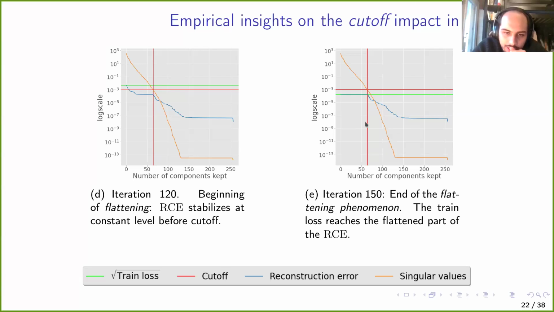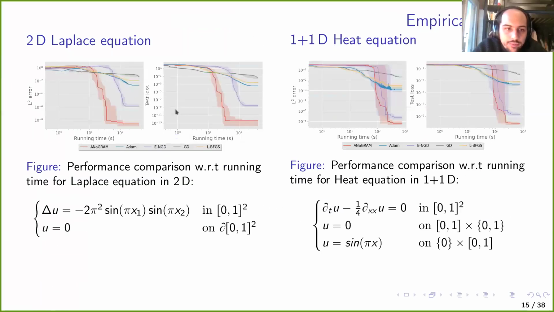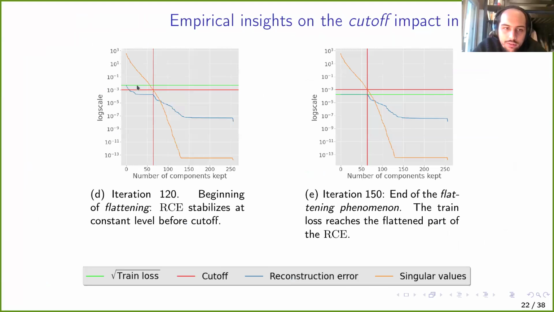This also gives an explanation for what we saw earlier, which at first sight seemed very bizarre: when we look at AnaGRAM or ANGD, the loss doesn't move at all during many steps, and at some point it drops very sharply. The drop in the loss really corresponds to the phase where the RCE becomes completely flat.